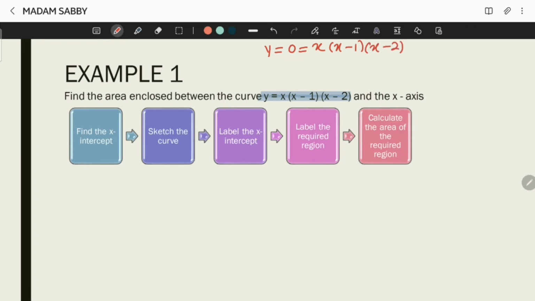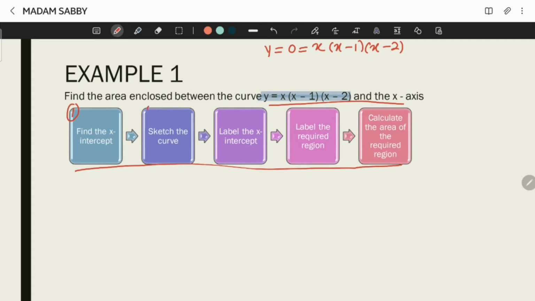Normally I summarize the steps to solve this question using this flow diagram. First step, you need to find the x-intercept. Why the x-intercept? Because the area that we are looking for is between the curve and the x-axis, so we need to look for the x-intercept.